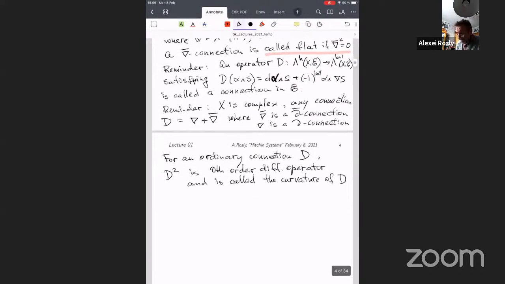Now the definition, an alternative definition of a holomorphic bundle. It is alternative and equivalent.